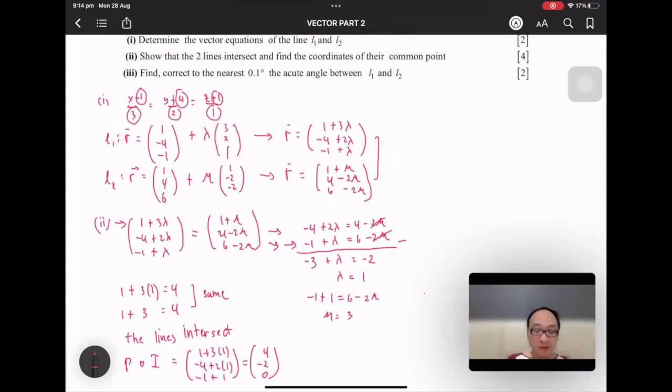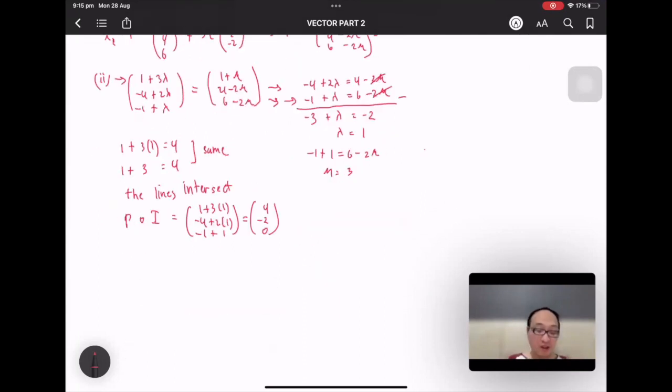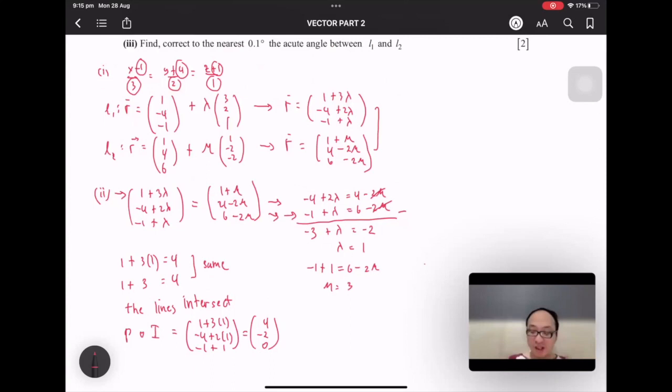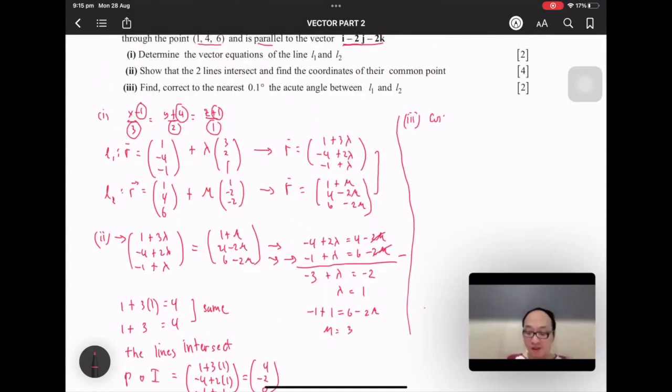Therefore, find, correct to the nearest 0.1 degree, the acute angle between L1 and L2. For this, I can use the dot product rule to find the angle. So cos theta is vector a dot vector b, divided by their magnitudes. In this case, vector a and vector b will be represented by the direction vectors of the lines.